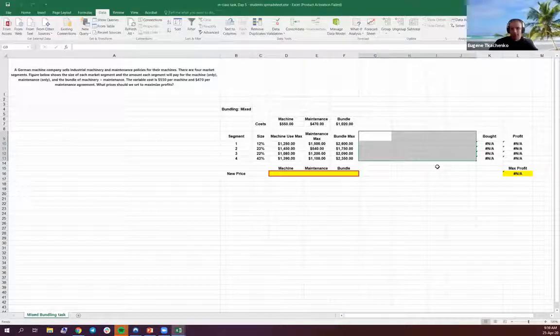So you need probably to build calculations to highlight the difference between consumers' willingness to pay and your prices, in the form of consumer surplus.